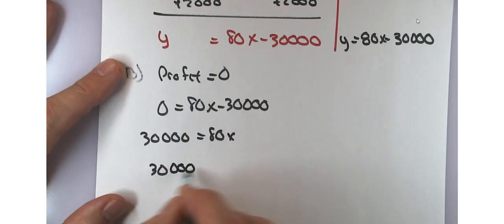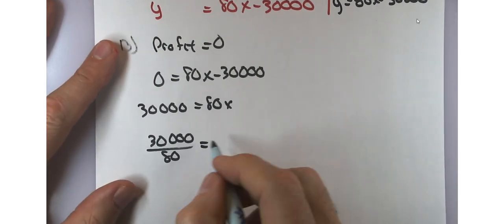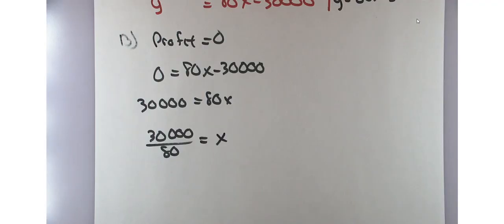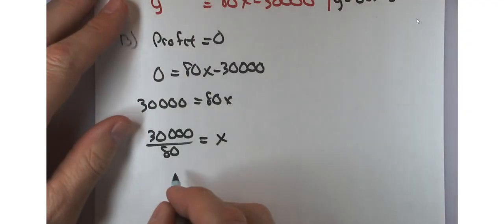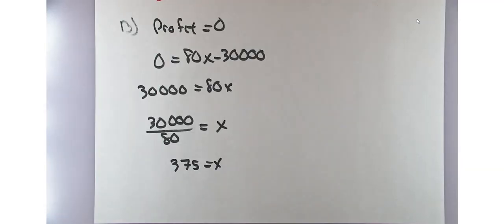30,000 divided by 80 is going to be 3,000 divided by 8. That should go in evenly, I think. Yep, 375. So 375 calculators, that's exactly where you start to break even.